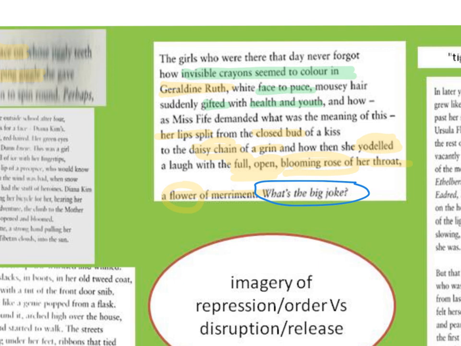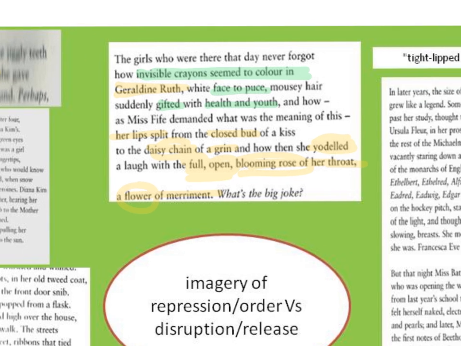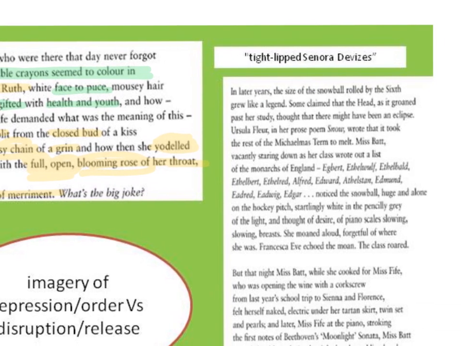They are not yet able to embrace this free-spirited nature caused by the laughter and hilarity of the emerging and spreading feminism. On that point of teacher repression, we'll just move around to this very small quote here. There are numerous examples of this, but just a very short, quick one. "The tight-lipped Senora devises."